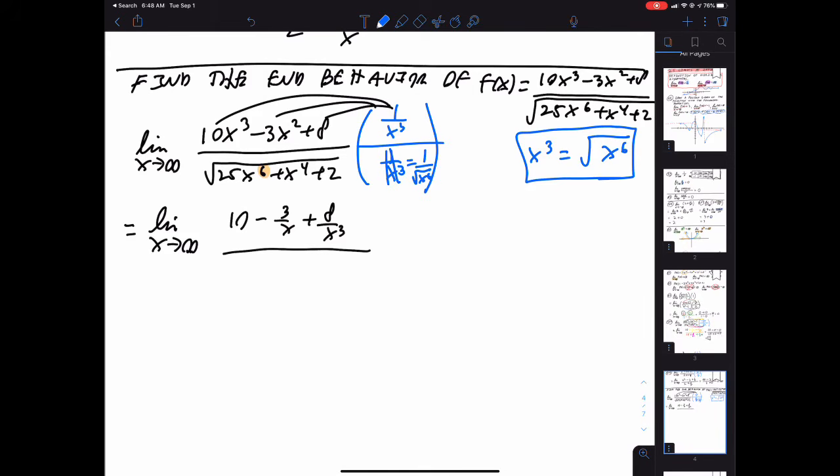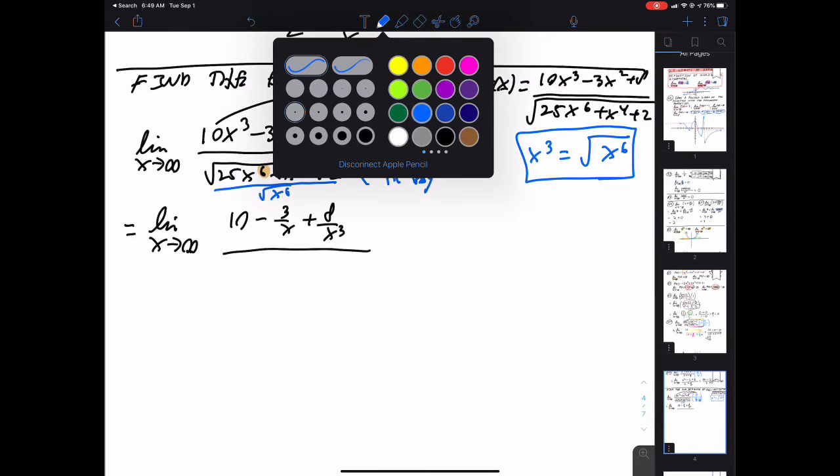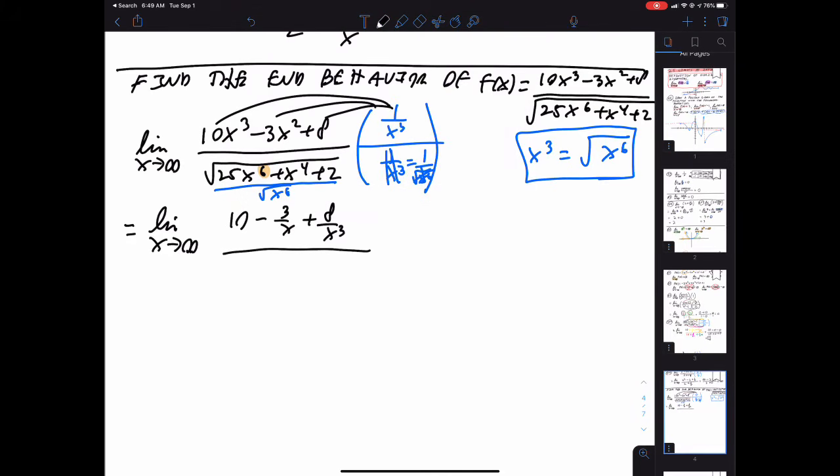So now, when I divide by square root of x to the 6th, that's what's happening. Now I'm allowed to divide that because they're both underneath the square root. So that's just a way of rewriting to get them all underneath the square root sign.